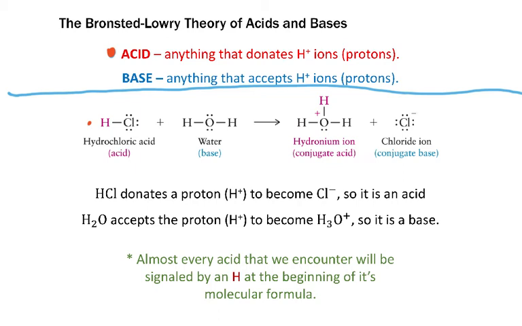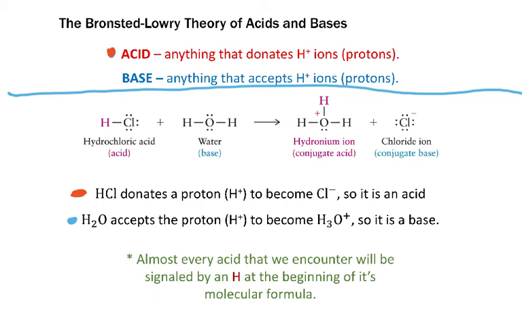And the H plus has to go somewhere, and it's now bonded to one of the lone pairs on water. So now we have H3O plus, because it has an extra hydrogen from water, and it has a plus charge. So here, look at what happens. HCl donates a proton to become Cl minus, so it's an acid. The water accepts the proton to become H3O plus, so it is a base.